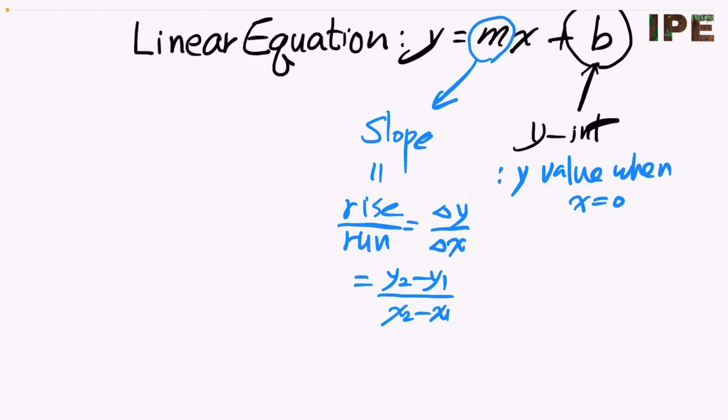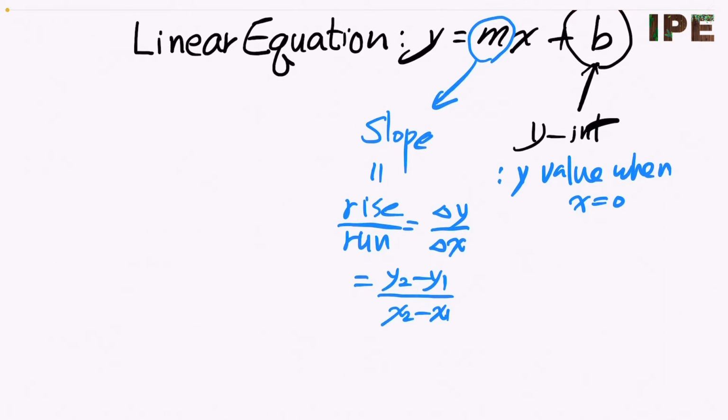So this form is slope-intercept form because you can find the slope and y-intercept directly from this form. M is the coefficient of the x term, that is the slope. B is the constant term, that is the y-intercept.